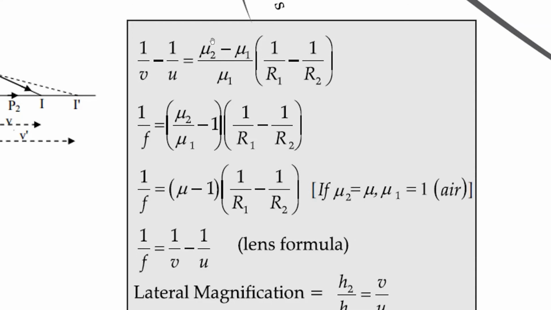So mu2 by mu1 on one end becomes mu2 with respect to 1, and then the other one becomes minus 1. And the other bracket has 1 by R1 minus 1 by R2.